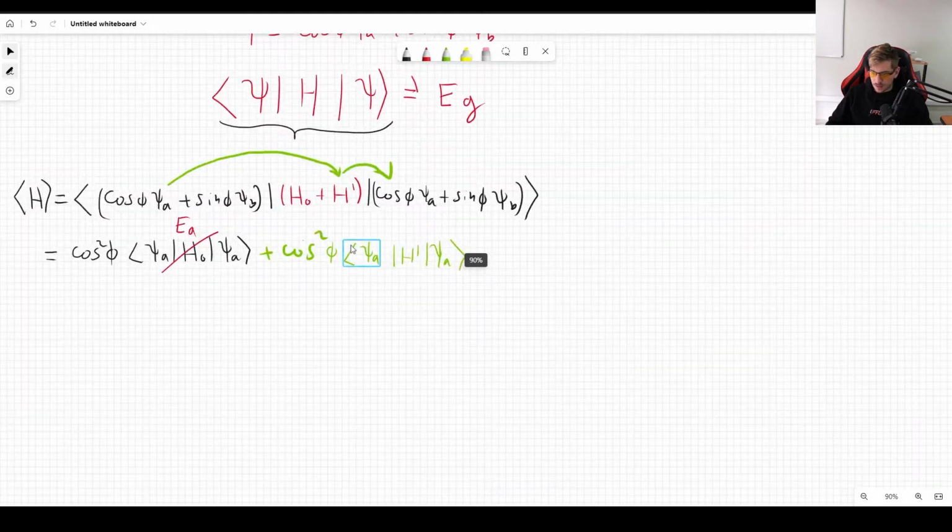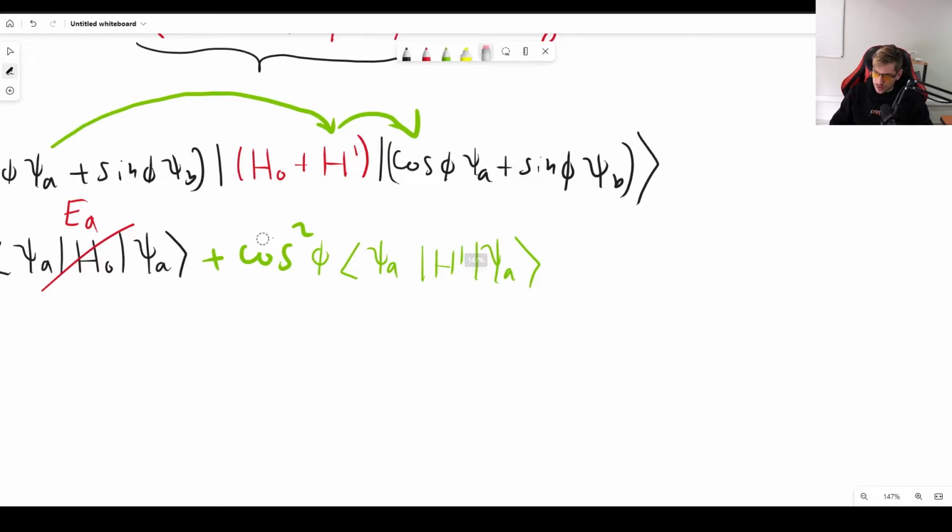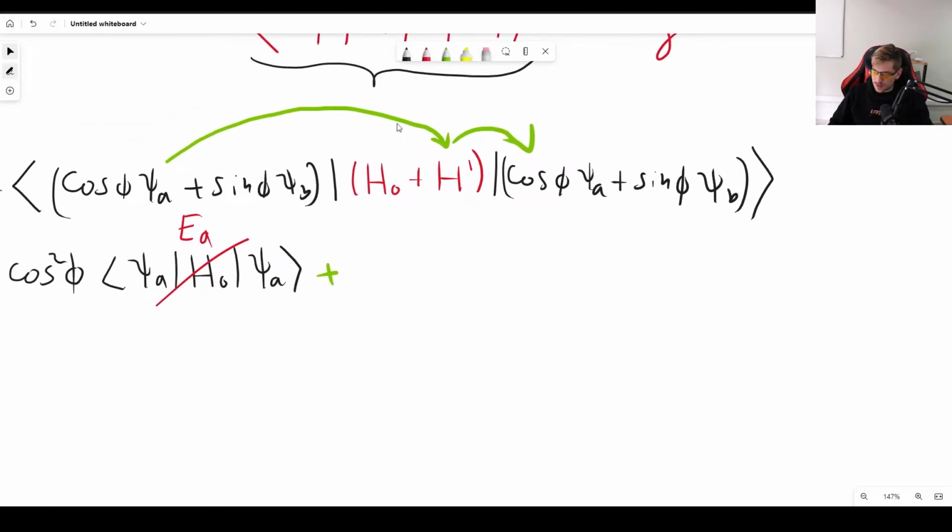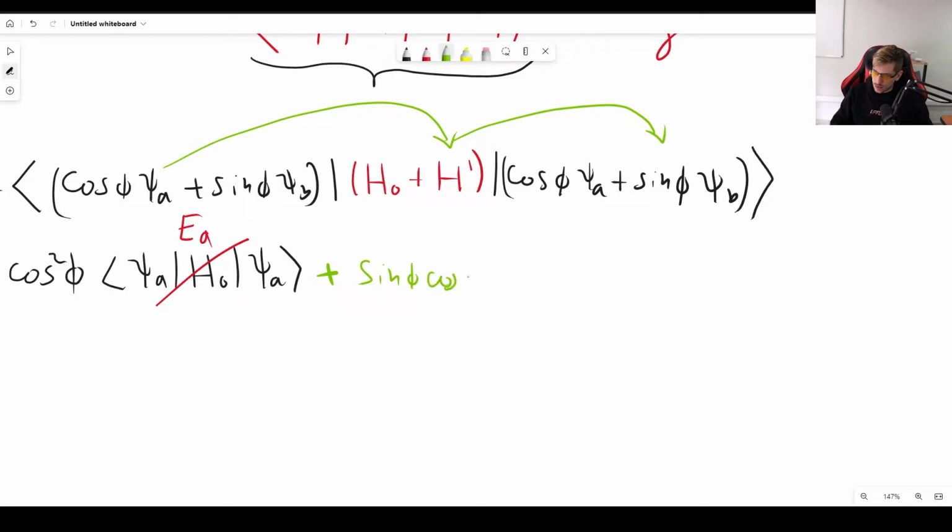So this thing goes bye-bye. So the part that will not be 0 here will be when from cosine we multiply with H prime and then with this part, because then we will get sine of phi cosine phi times psi A H prime psi B, and this is H.